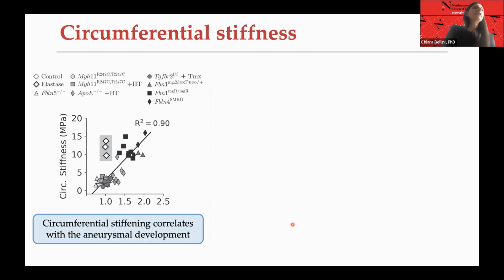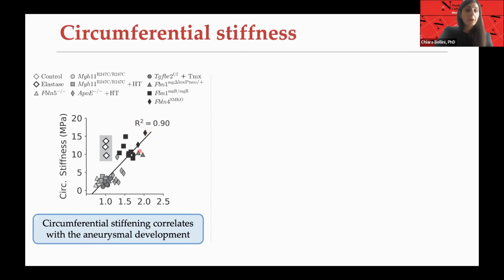So arguably the most insightful outcome of this study is that intrinsic stiffness of tissues in the circumferential direction increases proportionally with the degree of dilatation, reaching its highest values in enlarged hypertensive ApoE mice and aneurysmal Marfan and fibulin-4 smooth muscle knockout aortas.